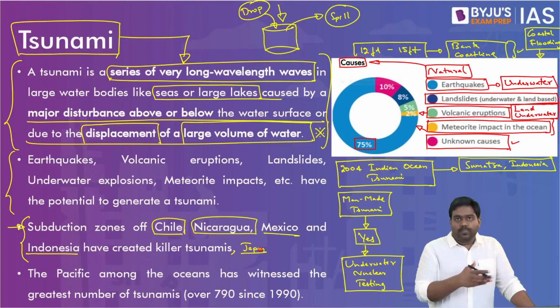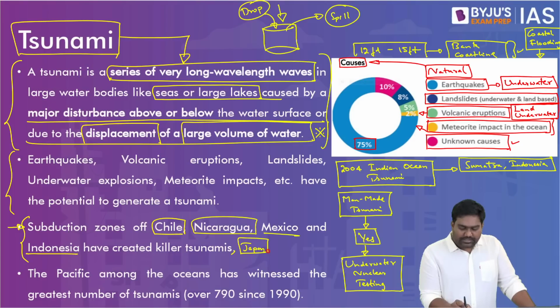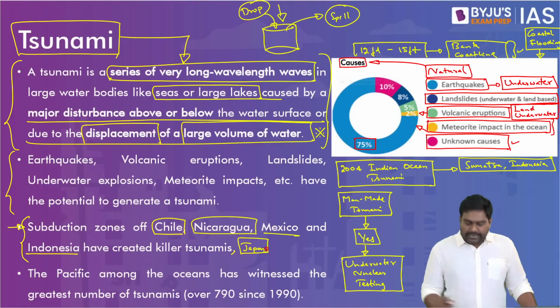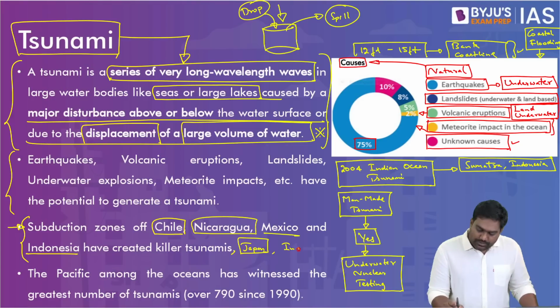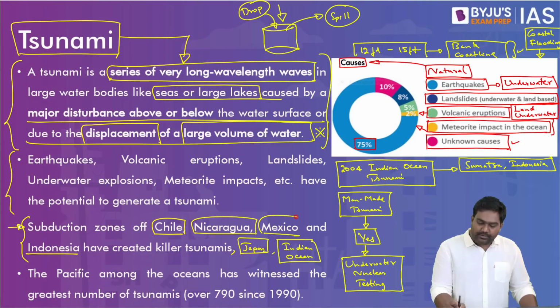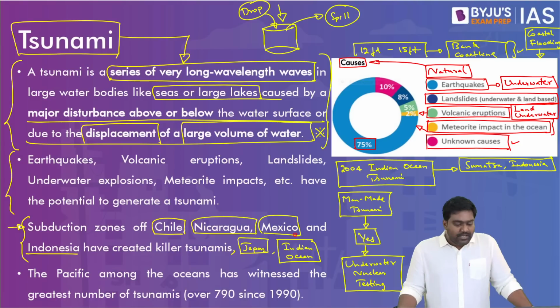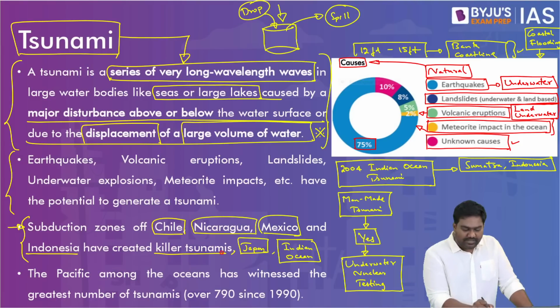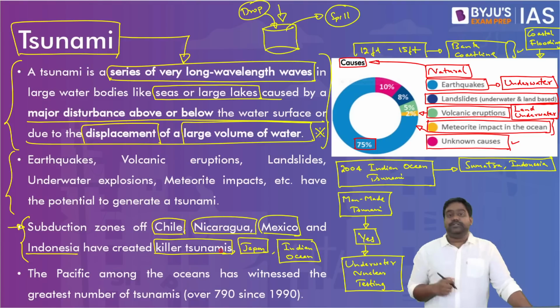And also a few along the Mid-Atlantic ridge as well as along the Indian Ocean ridge. These earthquakes, volcanoes or underwater landslides can trigger killer tsunami waves that strike these countries.